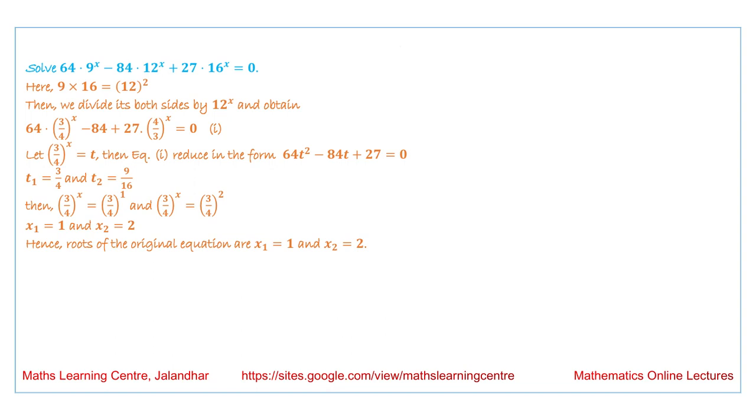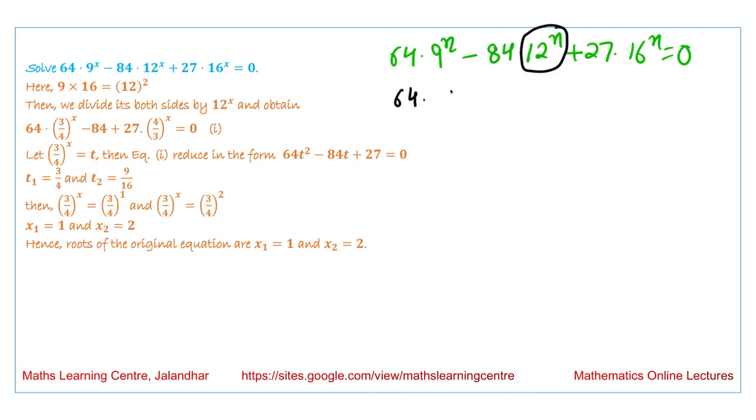Next is 64 into 9 raised to the power x minus 84 into 12 raised to the power x plus 27 into 16 raised to the power x is equal to 0. If we divide this whole equation by 12 raised to the power x, we obtain 64 into 9 by 12 raised to the power x minus 84 plus 27 into 16 by 12 raised to the power x is equal to 0.